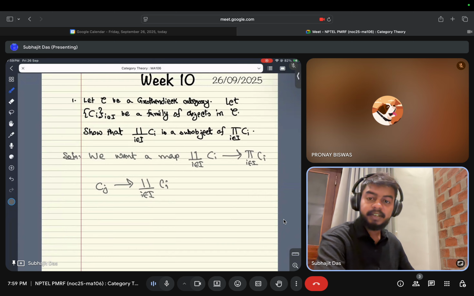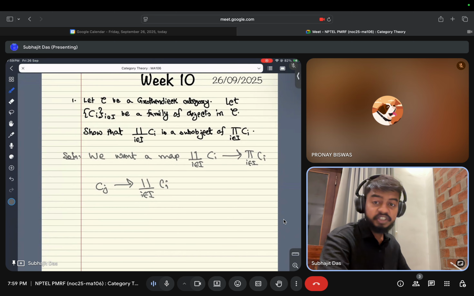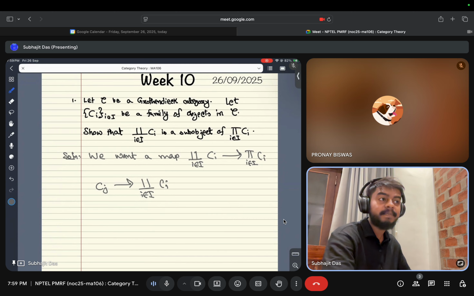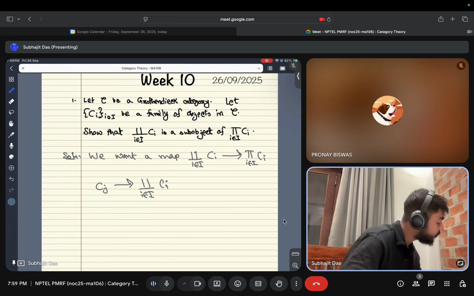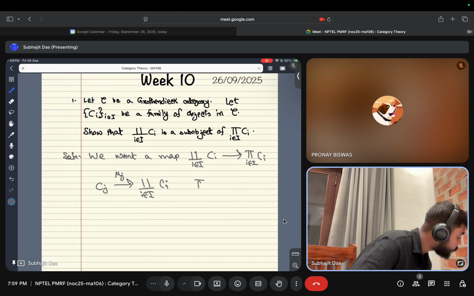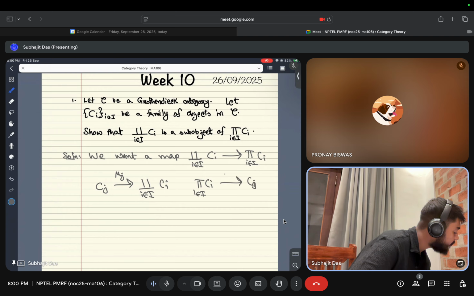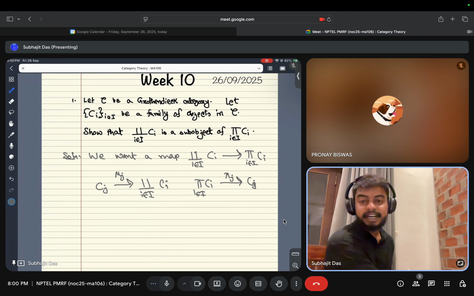We are in an abelian category, so we know that this will be a monomorphism. It's not true in general, of course. When you take an arbitrary coproduct in an arbitrary category, or an arbitrary product in an arbitrary category, the projection maps need not be epimorphisms, right? So we take Cj to the coproduct of the Ci's, the inclusion, let's say mu j, and we also have from the product of the Ci's to each Cj, we have pi j. How do we get our map?